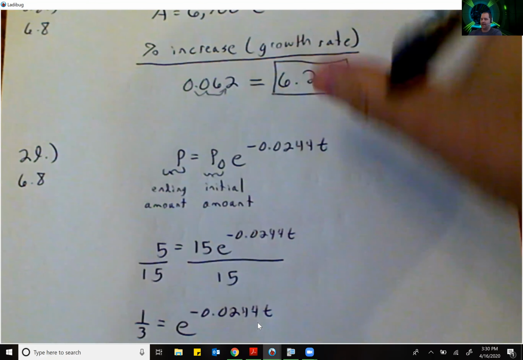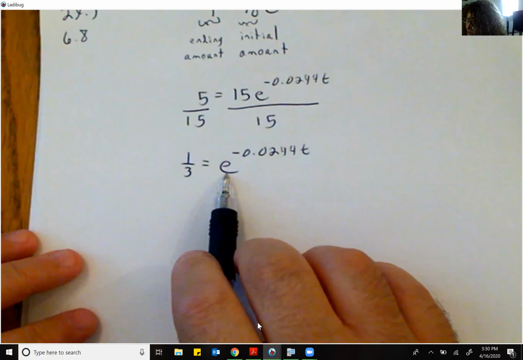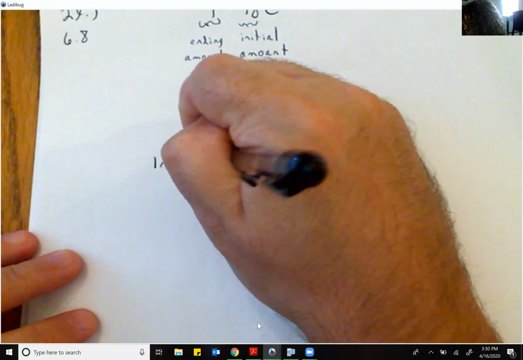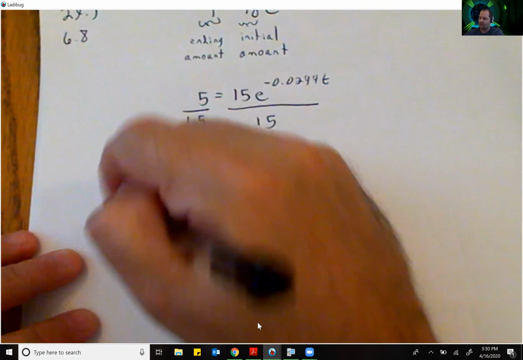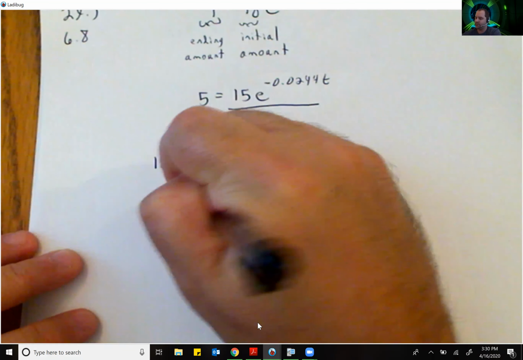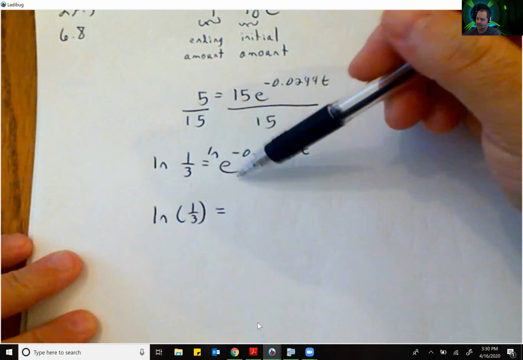How do I get rid of that exponent of e? ln, ln both sides. So that gives us ln of 1/3 equal to negative 0.0244t, as the ln and the e cancel each other out.